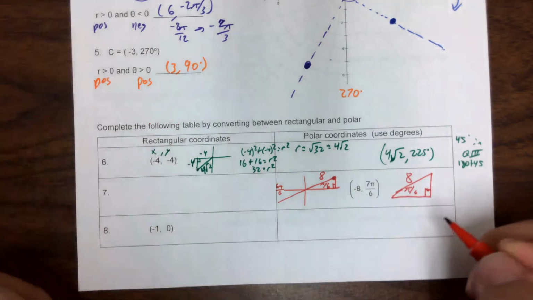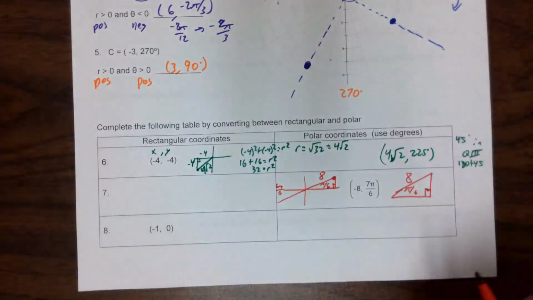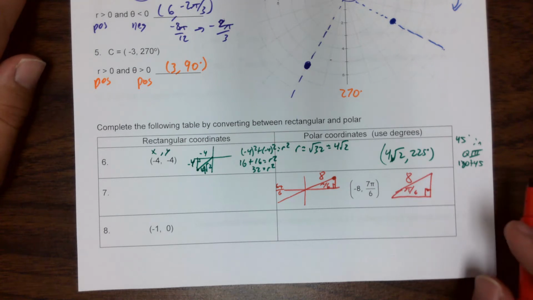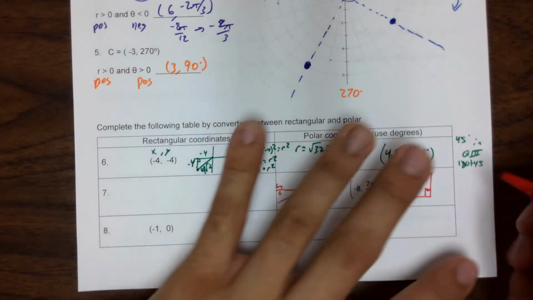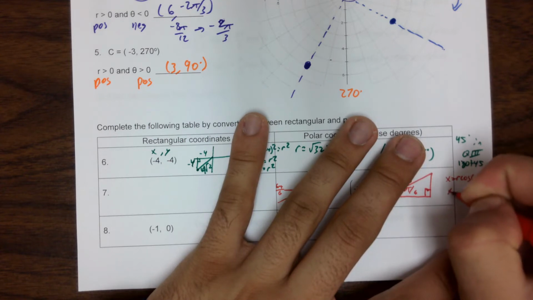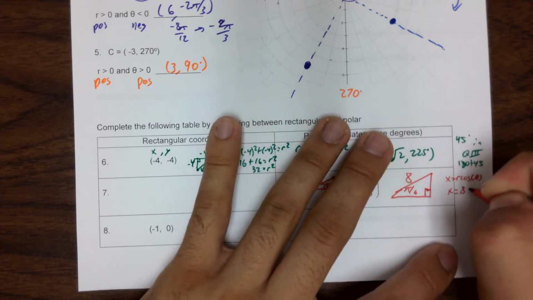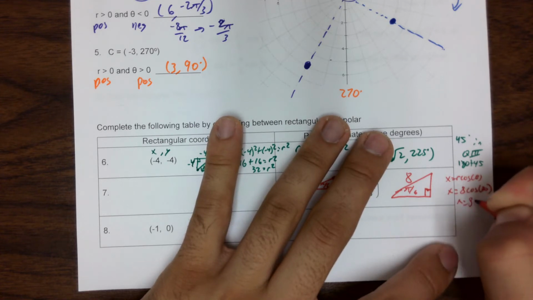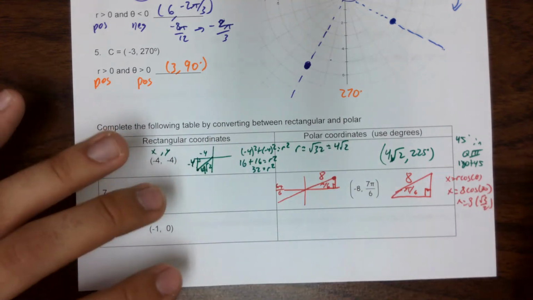Now if you remember the patterns of your 30, 60, 90, like x root 3, 2x, you can quickly solve for it. If you need your x and y's, you can also use the formula. X equals r cosine theta. So x equals 8 times cosine of 30. Root 3 over 2, that becomes 4 root 3.